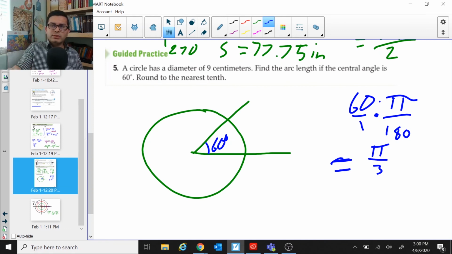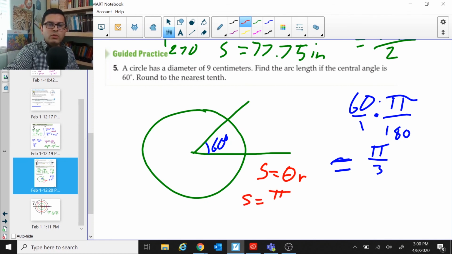So now we're going to use our formula. Our formula is the arc length is going to equal theta times our radius. Well, we know both of those things. So our arc length will equal pi over 3, which is our central angle, times our radius, which is 9 centimeters.